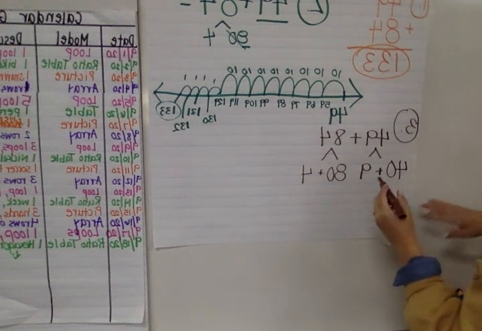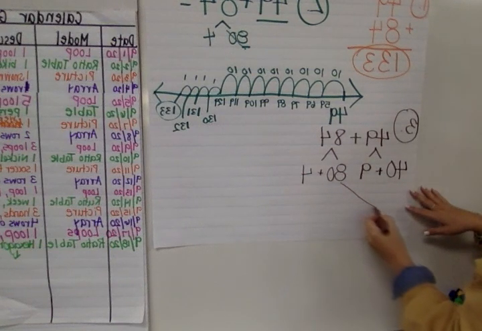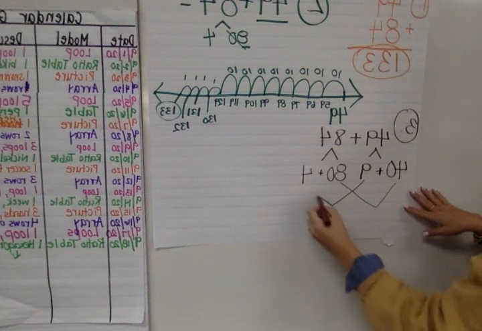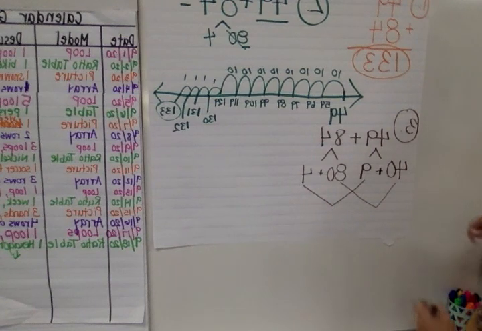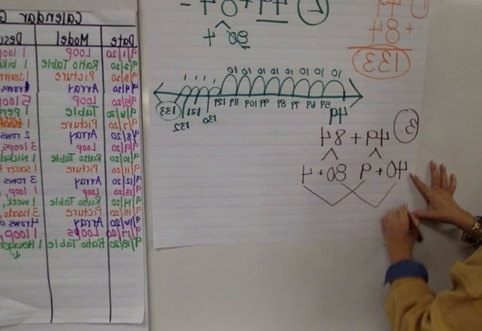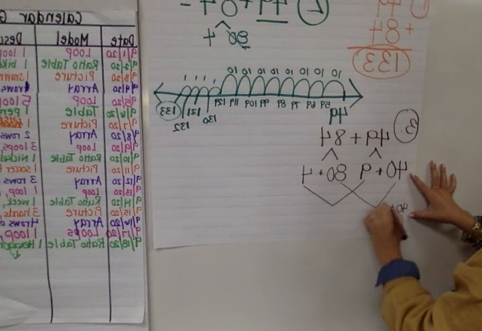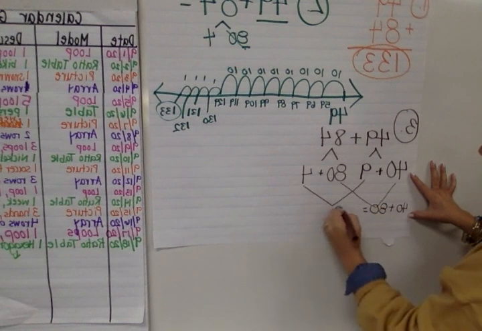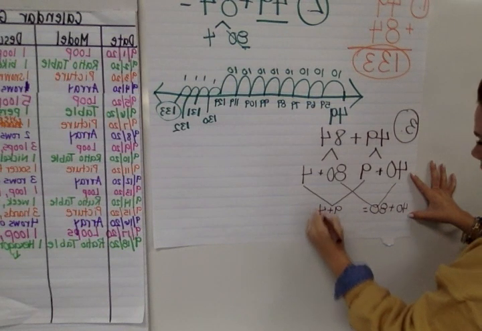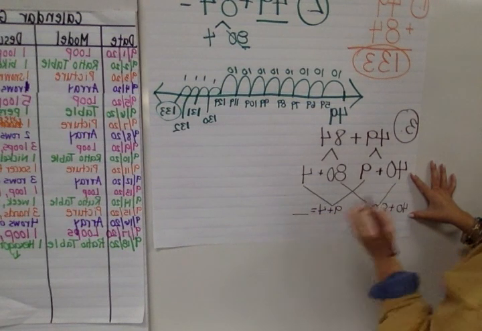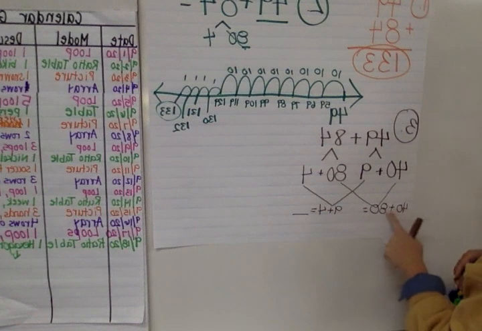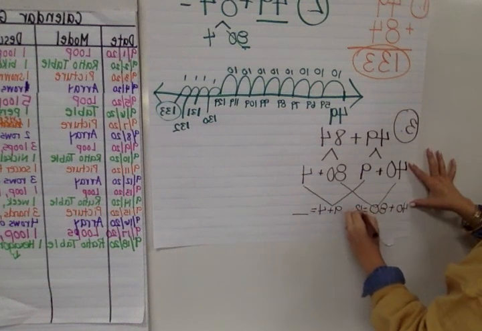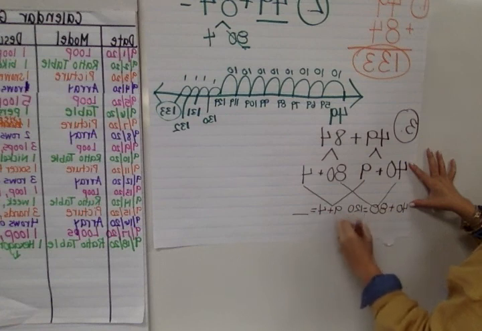Now I need to put my tens together and my ones together. 40 plus 80 equals something, and 9 plus 4 equals something. Well, I know 4 and 8 is 12, and then I bring over my 0, so that's 120.